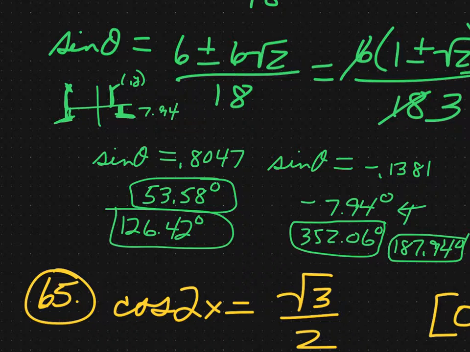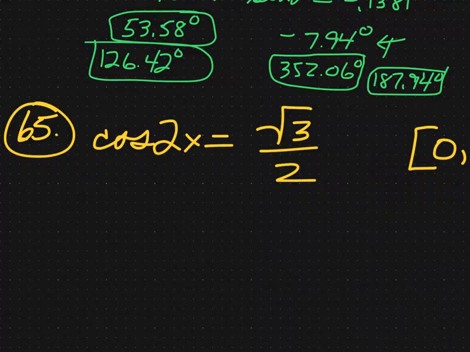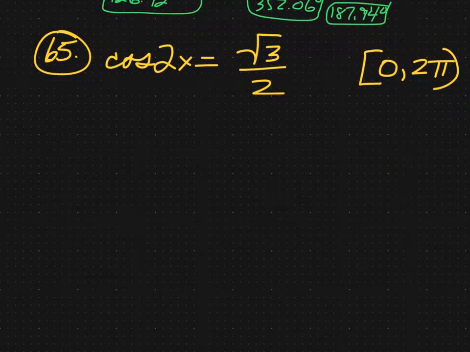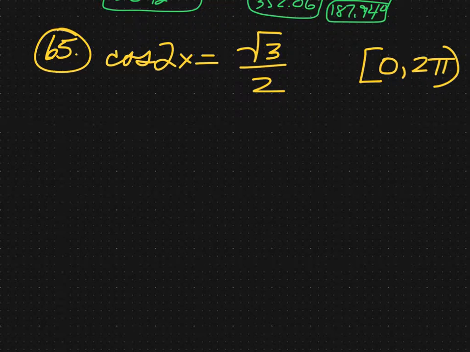Okay, this next problem, number 65, we're supposed to solve on the interval from 0 to 2 pi. Okay, and we have cosine of 2x equal to root 3 over 2.